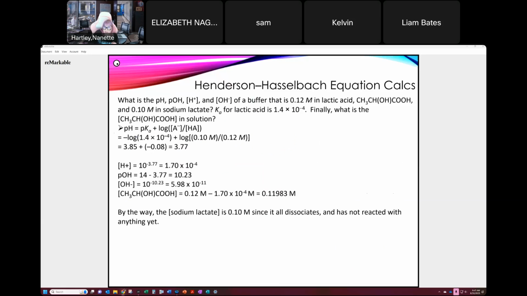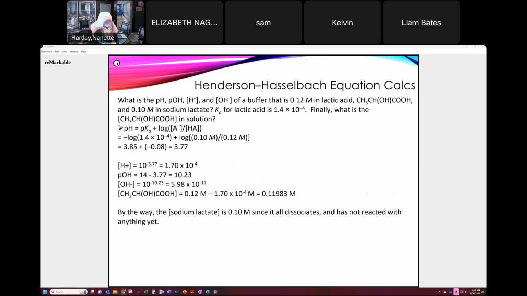It's the pH, the pOH, the H plus, and the OH minus of a buffer that is 0.12 molar in lactic acid, CH3CHOHCOOH, and 0.10 molar in sodium lactate. Ka for lactic acid is 1.4 times 10 to the minus fourth. Finally, what's the concentration of CH3CHOHCOOH in solution?